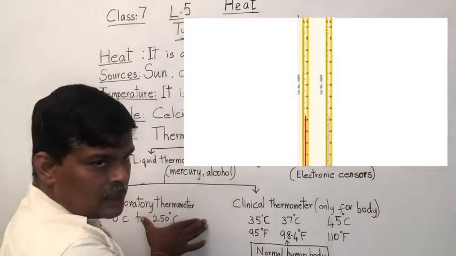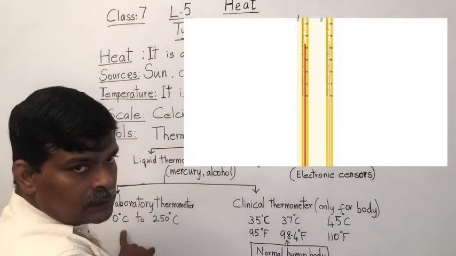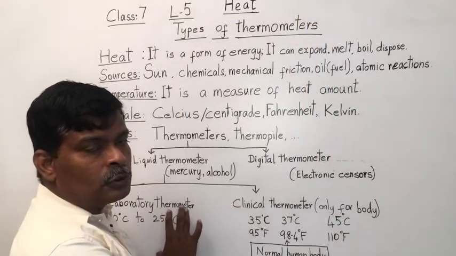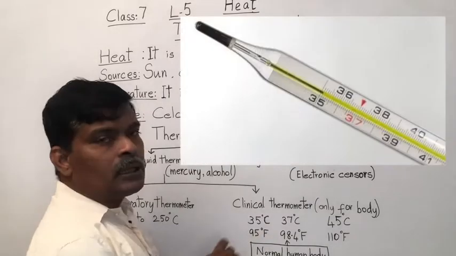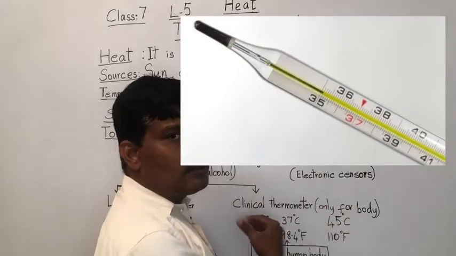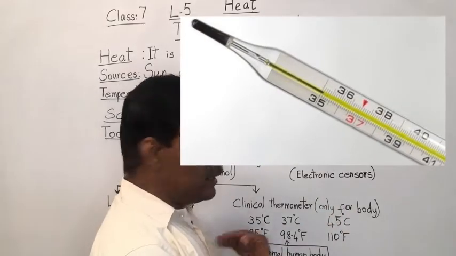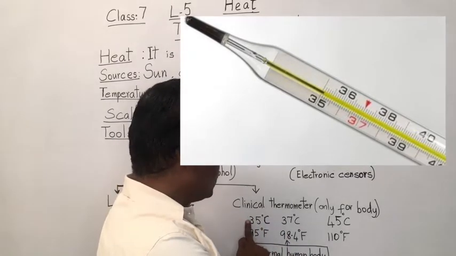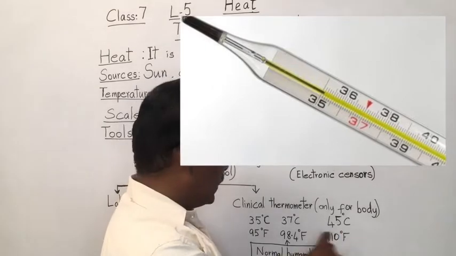One is the laboratory thermometer. It has a range of 0 degree to 250 degree centigrade. It can measure a high amount. Next, the clinical thermometer. It is only used for our body temperature measurement. It measures 35 degree centigrade to 45 degree centigrade.